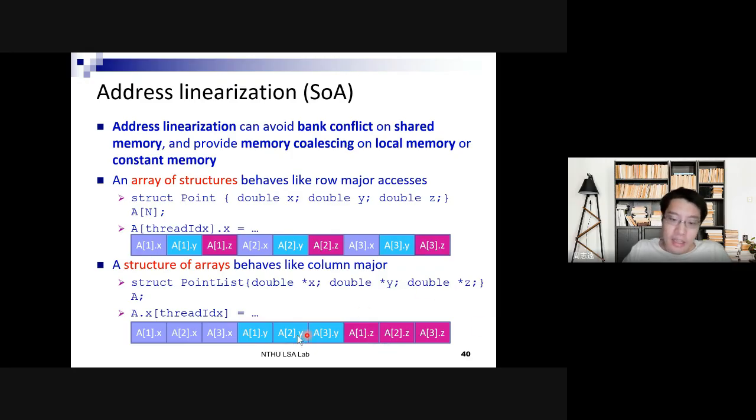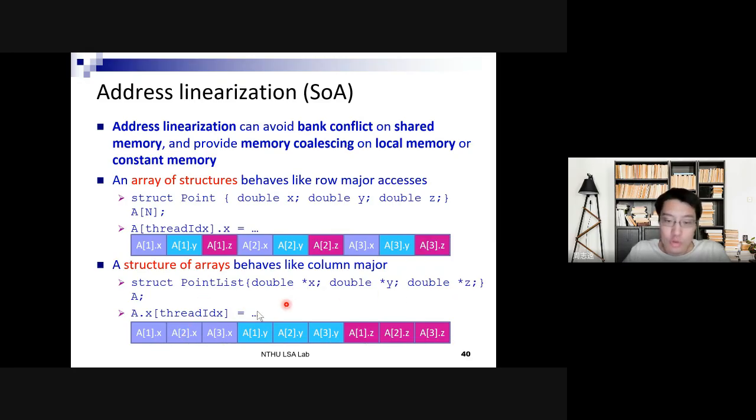And this is what we call the struct of arrays, because you will declare a single struct data type, and the X, Y, Z are lists or arrays within this struct. So for the GPU and for the compiler, the result is you will linearize those data in memory, like shown over here.